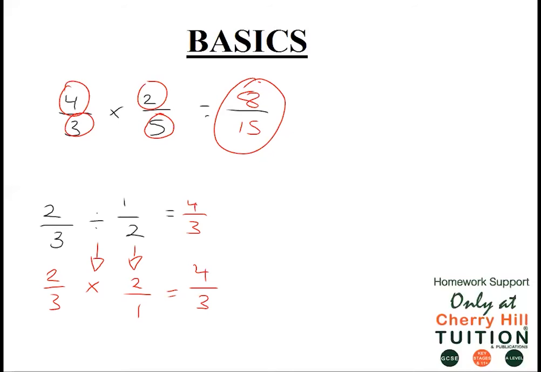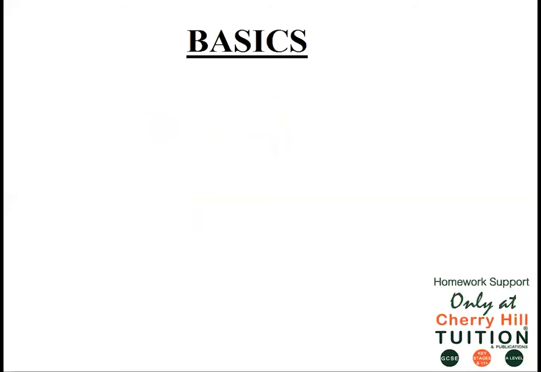Okay? So let's just try one more division example to wrap our heads around it. Okay, so the first step is to keep the first fraction the same, so 6/5. We then change the division sign into a multiplication sign, and then the second fraction we flip and turn it into 3/4.